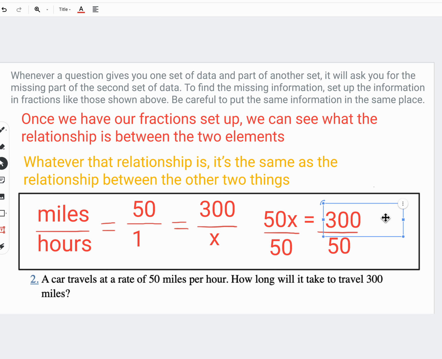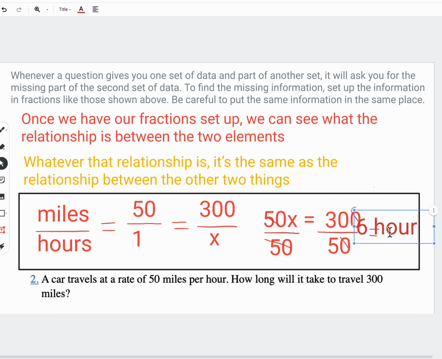And now we can divide 300 by 50 on the right side. Let's get rid of a 0 so we're working with easier numbers here. 30 divided by 5 is 6. The answer to our question is 6 hours. It will take 6 hours to travel 300 miles.